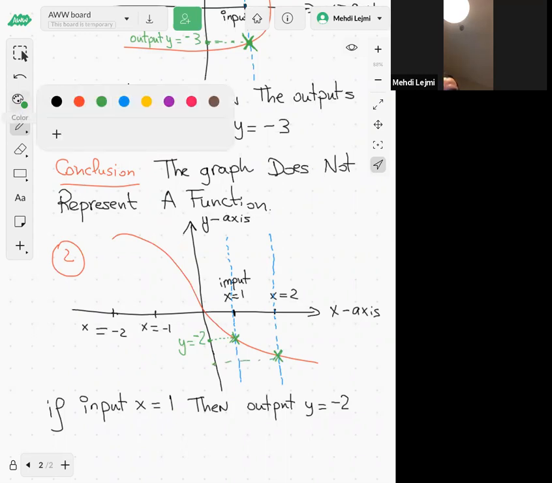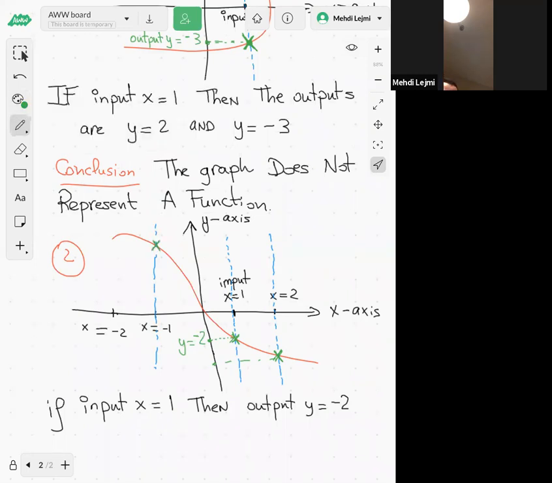The same here: if x is -1, I draw this vertical line, and it intersects the graph at exactly 1 point, and the corresponding y would be my output.